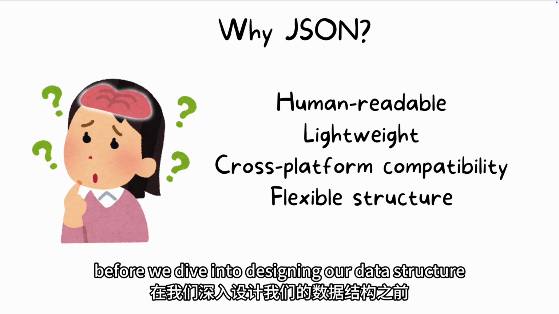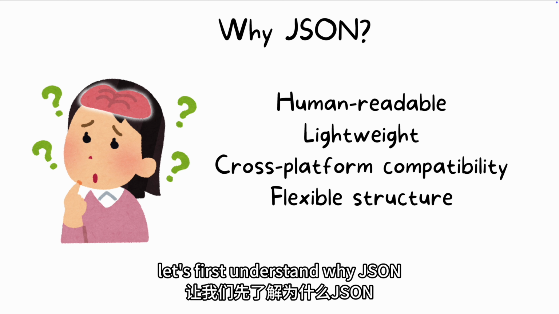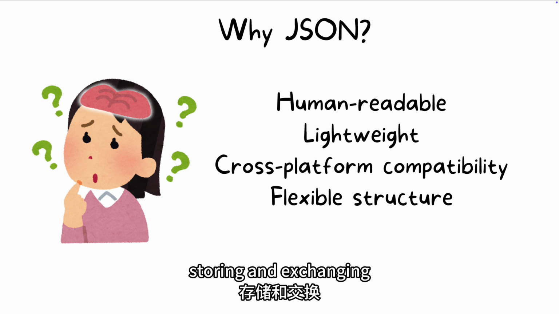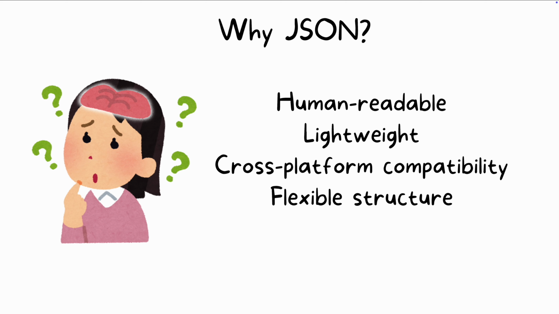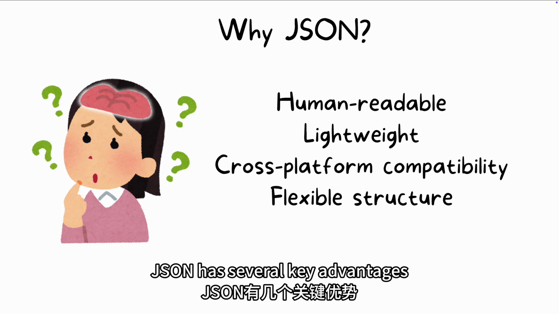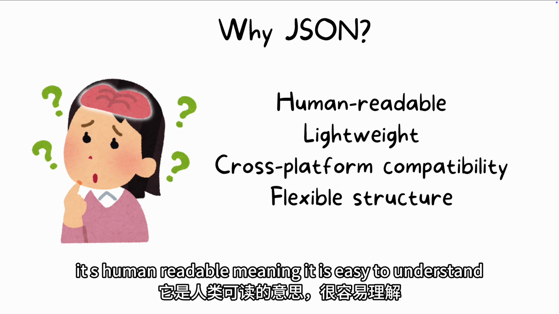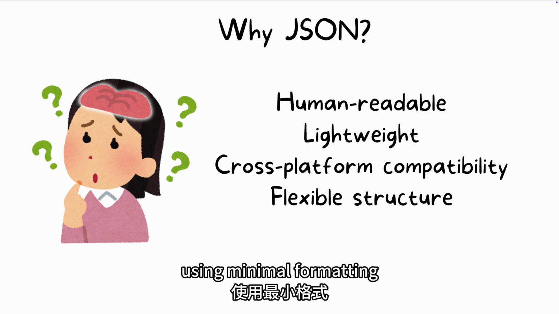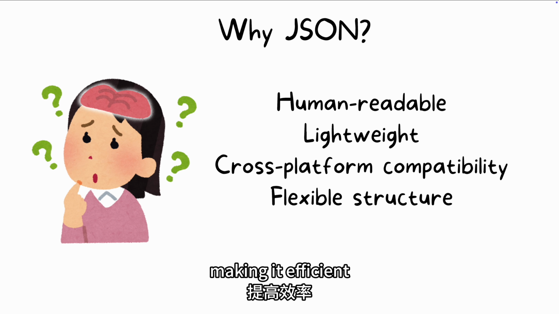Before we dive into designing our data structure, let's first understand why JSON is such a popular choice for storing and exchanging structured data. JSON has several key advantages. It's human-readable, meaning it is easy to understand. It's lightweight, using minimal formatting, making it efficient.